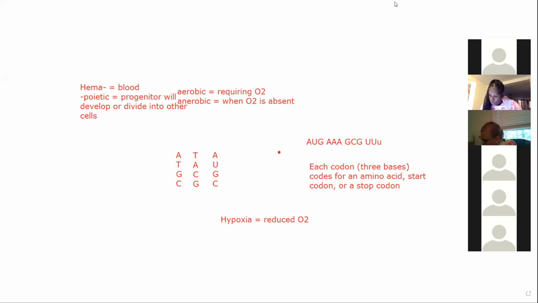I'm going to clear all our drawings. Peri always means around, or on the periphery, or surrounding. Endo, if you remember, we saw this when we talked about an endergonic reaction, and endocytosis.